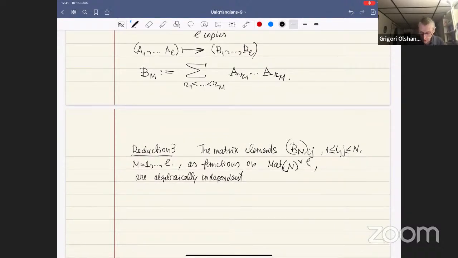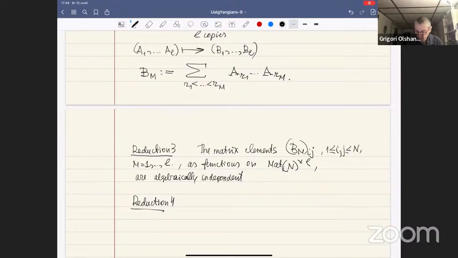And the next reduction is as follows. We have some analytic, polynomial map, but it's sufficient for us to have a complex analytic map of our space, which is actually a linear space.